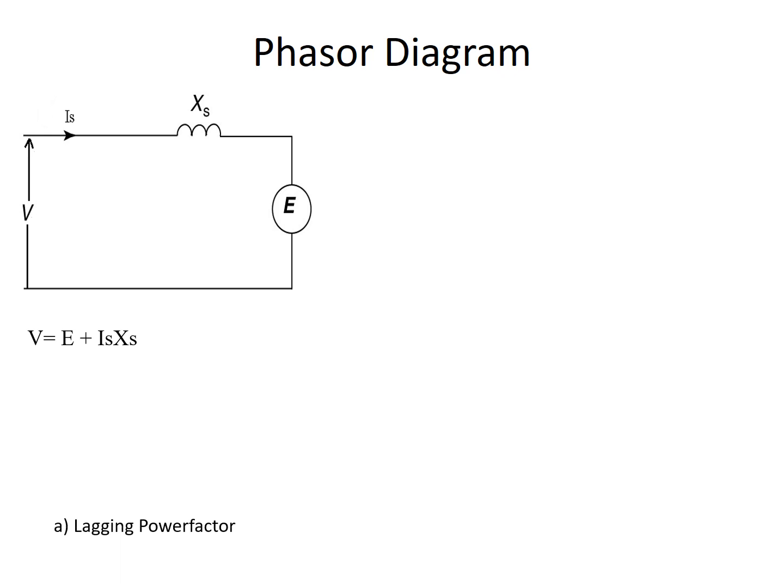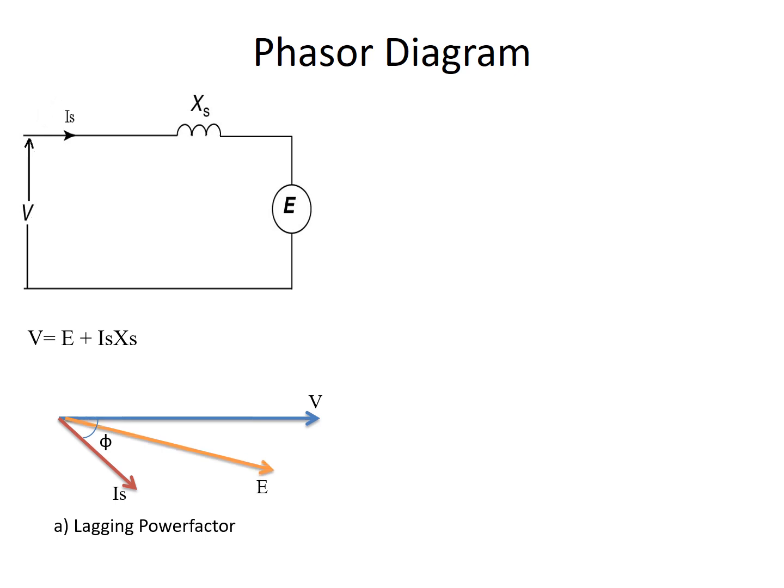So for lagging power factor, if we were to draw a vector diagram, then first I will draw the voltage V. Now you know that since it is lagging power factor, Is will be lagging V by an angle of phi, which is the phase angle. So I can draw Is lagging behind V, and the angle between the two is phi.